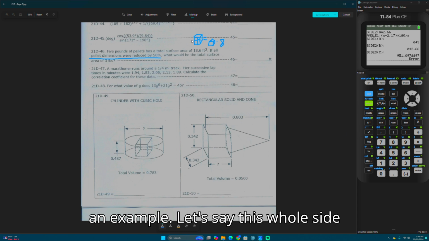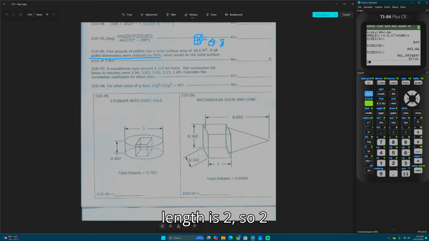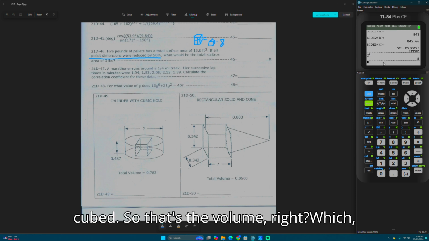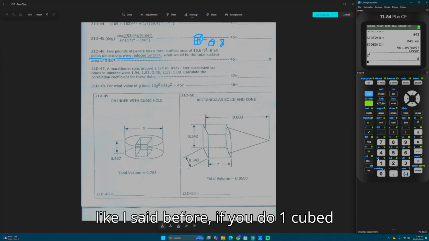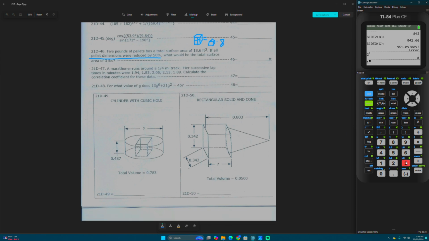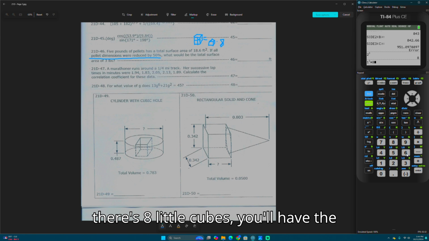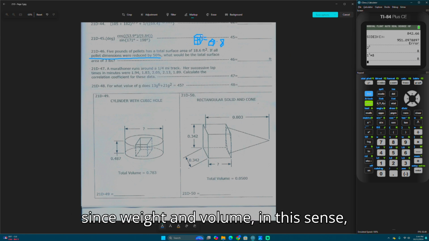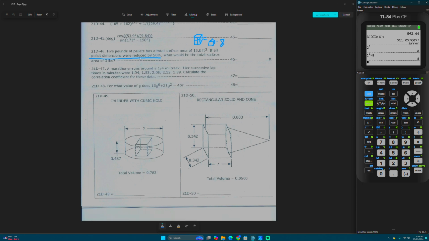Let's say this whole side length is 2, right? First of all, let's do 2 cubed. So that's the volume, right? Like I said before, if you do 1 cubed and multiply that by 8, because there's 8 little cubes, you'll have the same volume, and same with weight, since weight and volume, in this sense, have the same ratio.